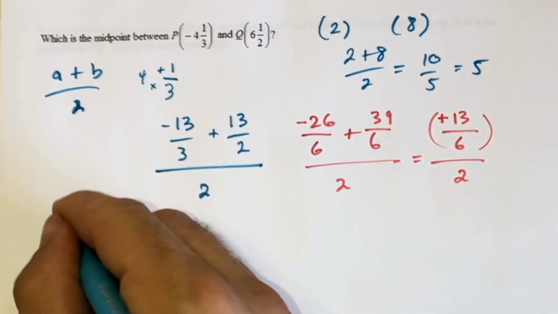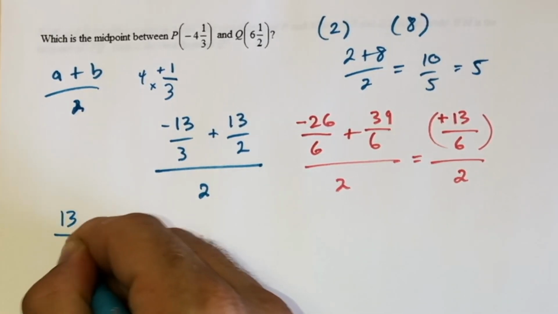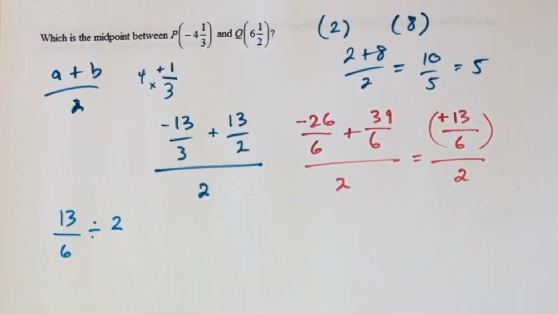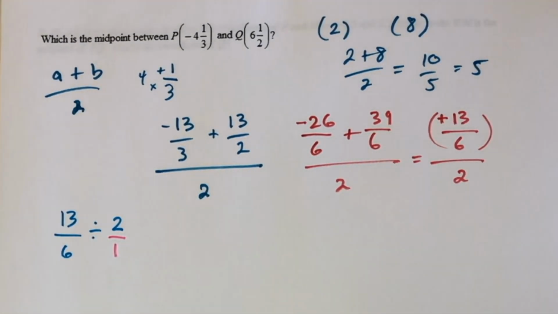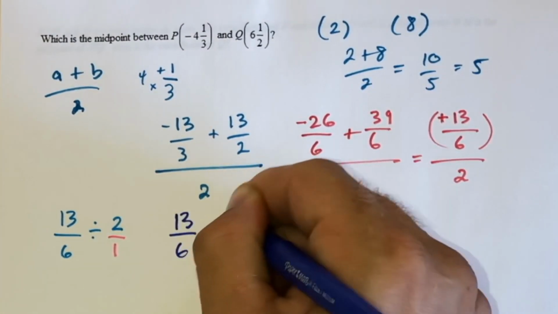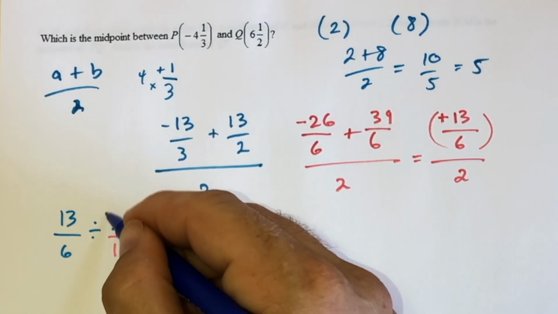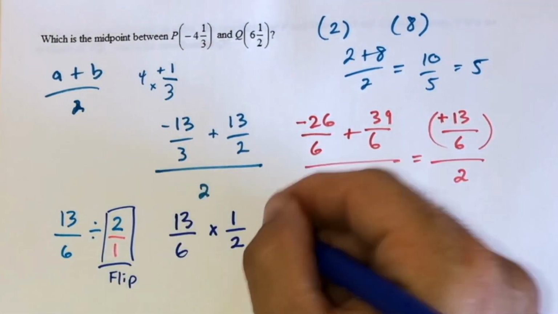So maybe I want to write it like 13 over 6 divided by 2, which I could say is 2 over 1. And when you divide a fraction by another fraction, you're going to multiply it by its reciprocal. So I've flipped this fraction, there's a flip involved there, and then multiplied.